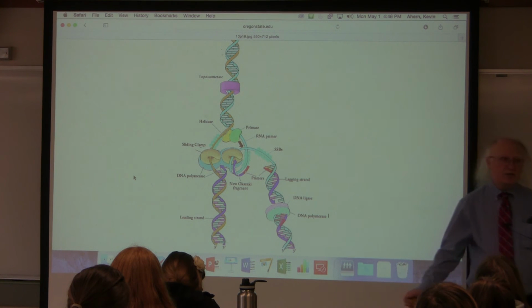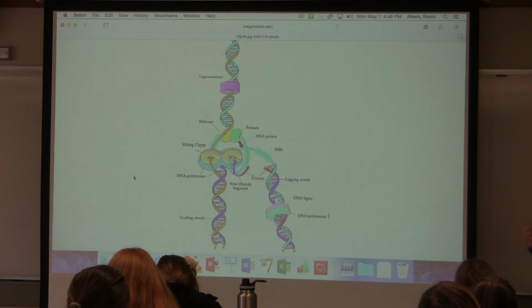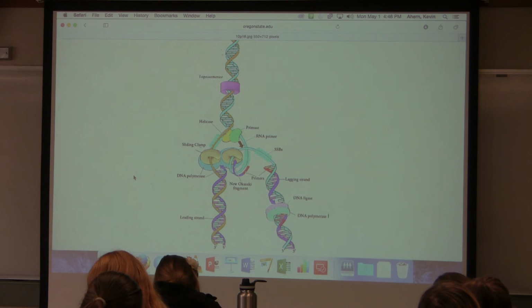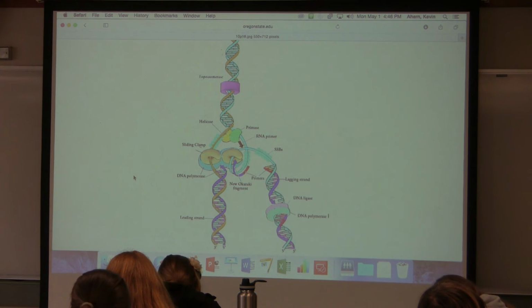Oh, that's a very good observation. GC base pairs are harder to pull apart. Maybe if it hits a rich section of GC, that might slow it down. It might. Yep. I can think of at least one other reason it might slow down.